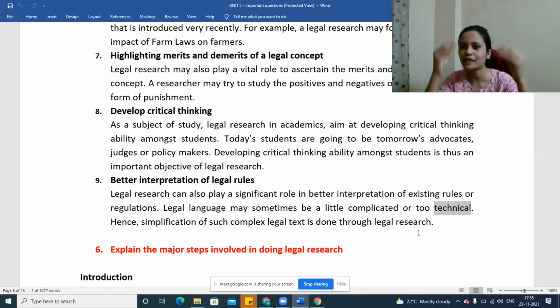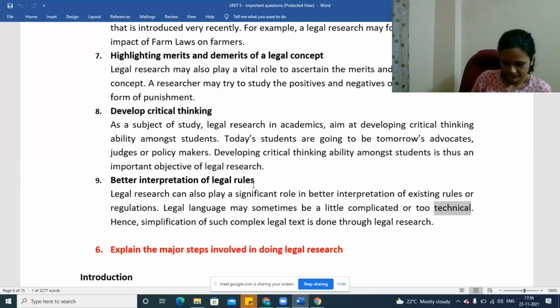We did not read the entire legislation, still we know what is there. That means it helps in better interpretation of legal rules. By doing legal research, they sum up the entire thing: what is it that these farm bills contain? So this is again an objective of legal research.